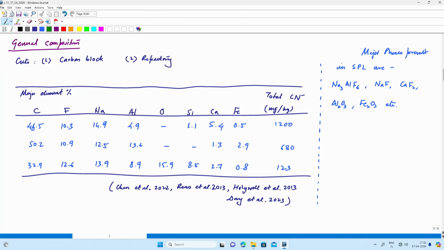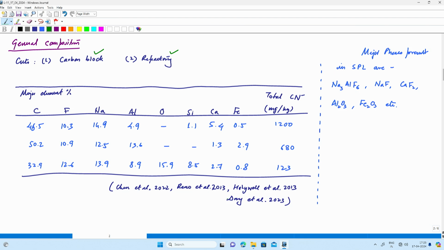So let us now look at the general composition. We have just discussed the carbon block cut and the refractory cut. If you look at the carbon block cut, the elemental compositions are shown here, and of course these are collected from the references.